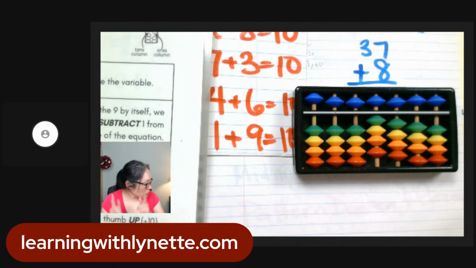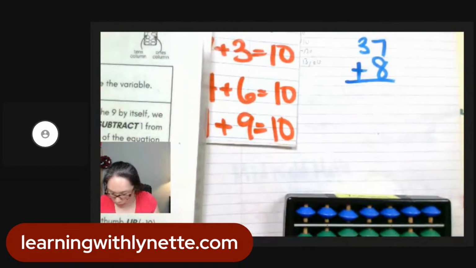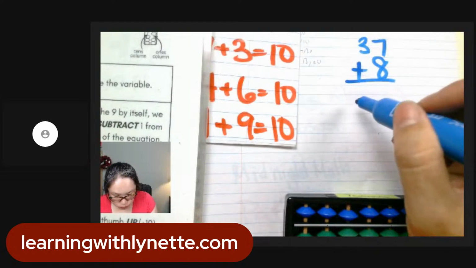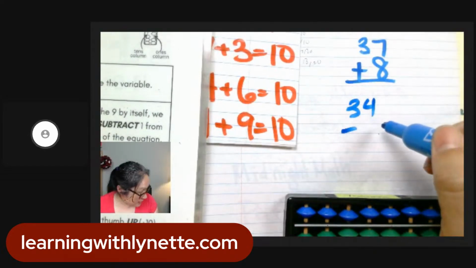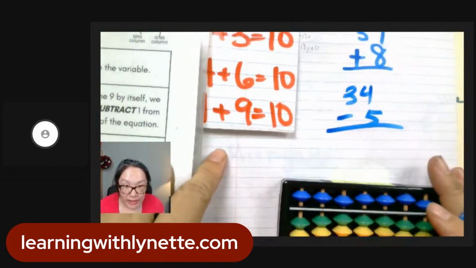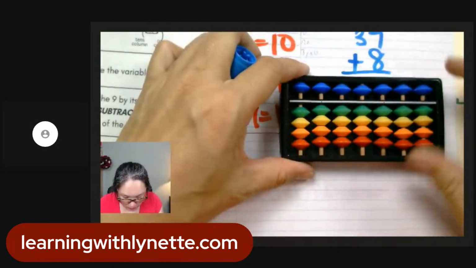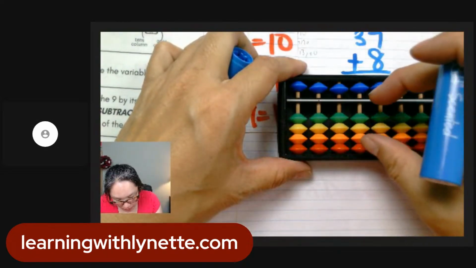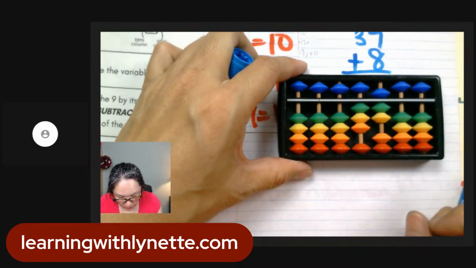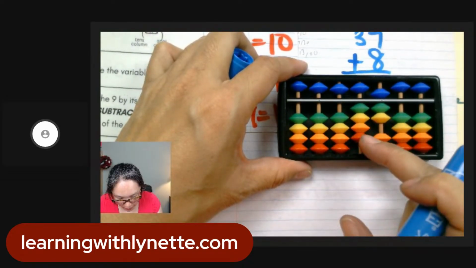Okay, we'll do this one. 34 minus 5. That should be easy. I read the abacus as 34.